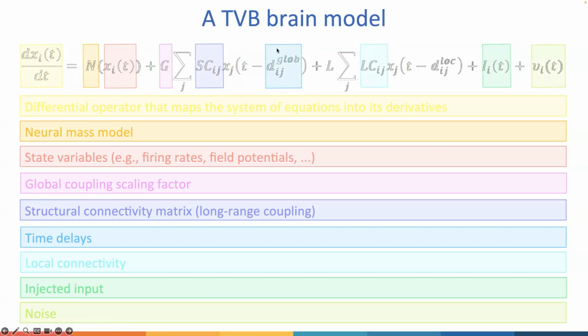Now, what I want you to notice here is that this is a very homogeneous equation, which means that we practically have the same kind of dynamics all over the brain tissue.